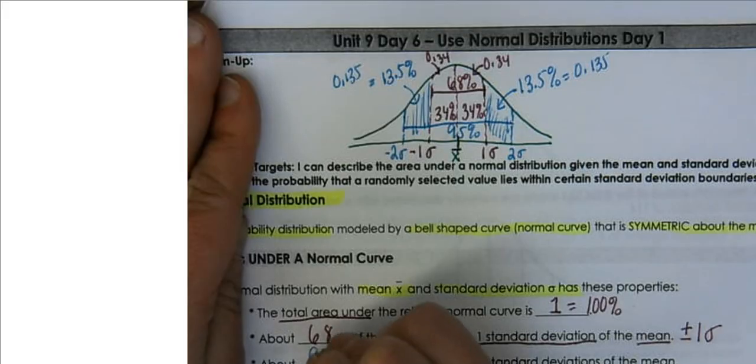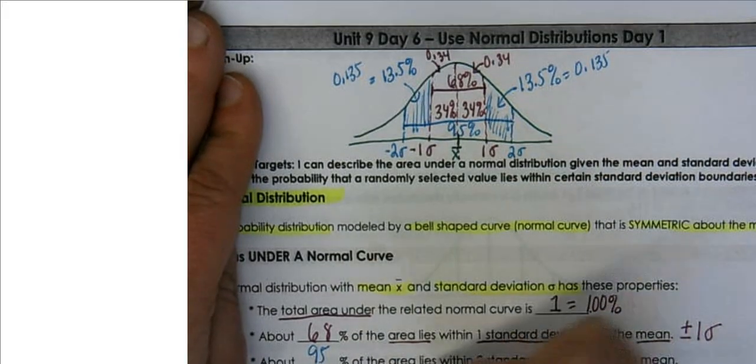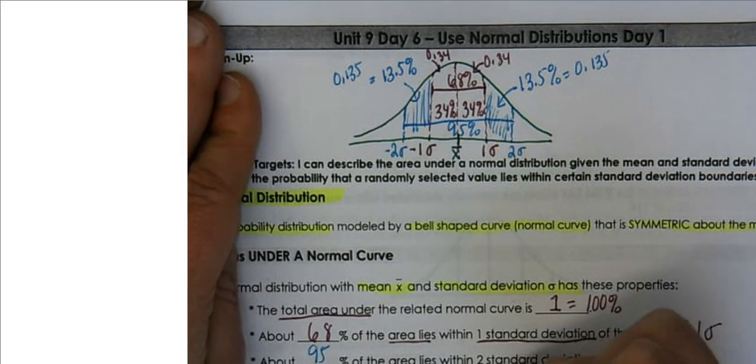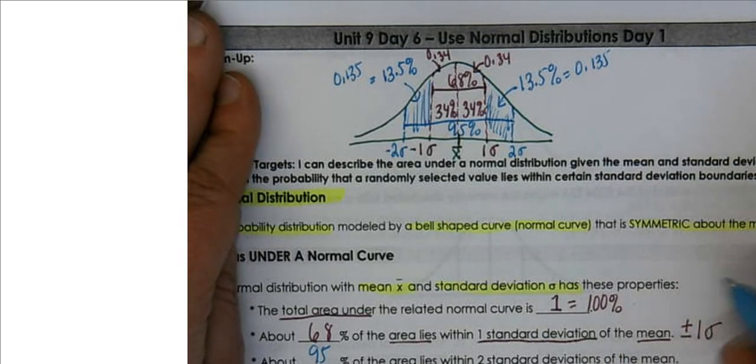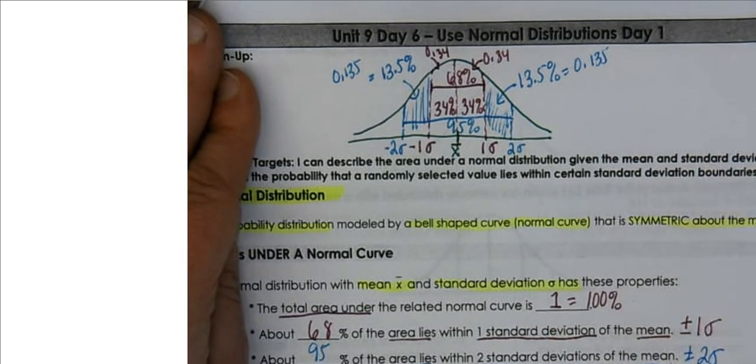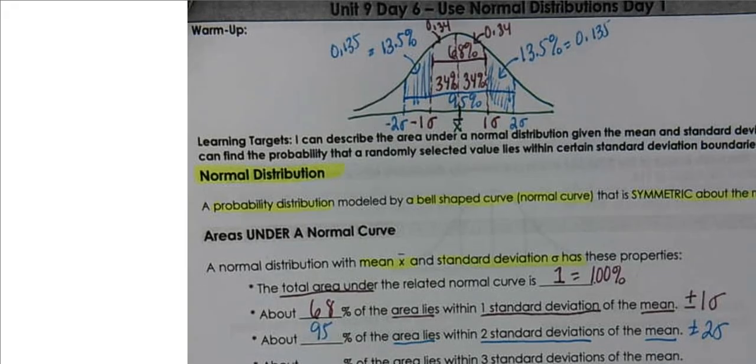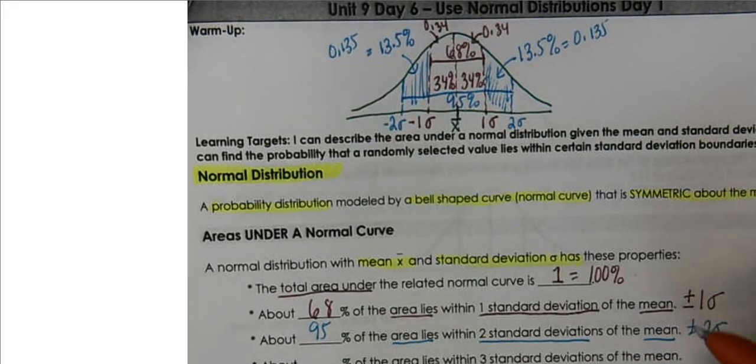So 95% of the area underneath the curve lies within 2 standard deviations of the mean. So that is plus or minus 2 standard deviations. The last one that we have is within 3 standard deviations.